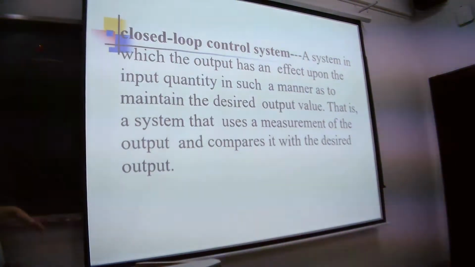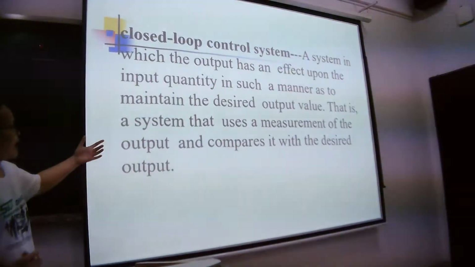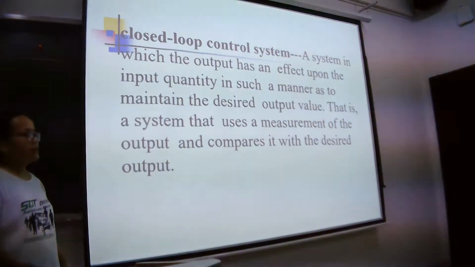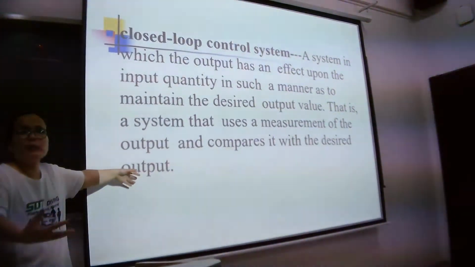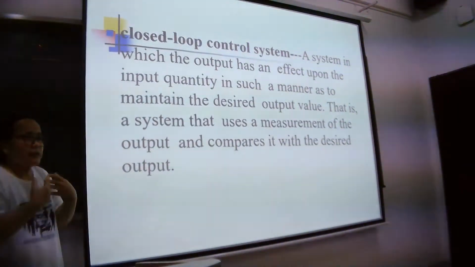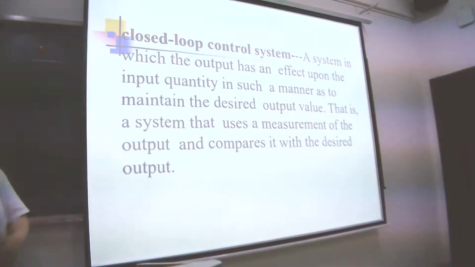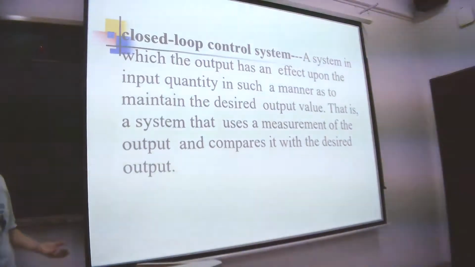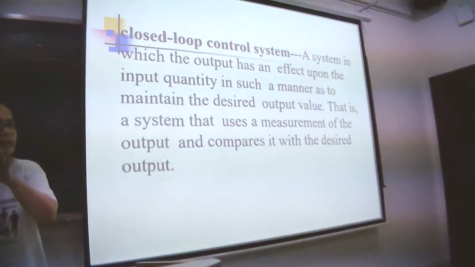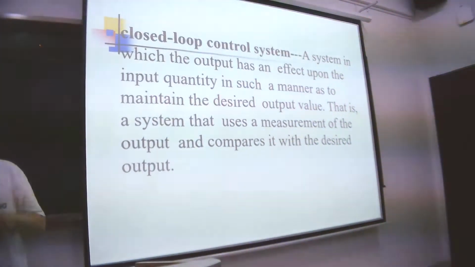That is a system that uses a measurement of the output and compares it with the desired output. This desired output is also the input. This means, for a computer system, if the output is not what we want, the system will modify it itself and then make it work to the state that we want.